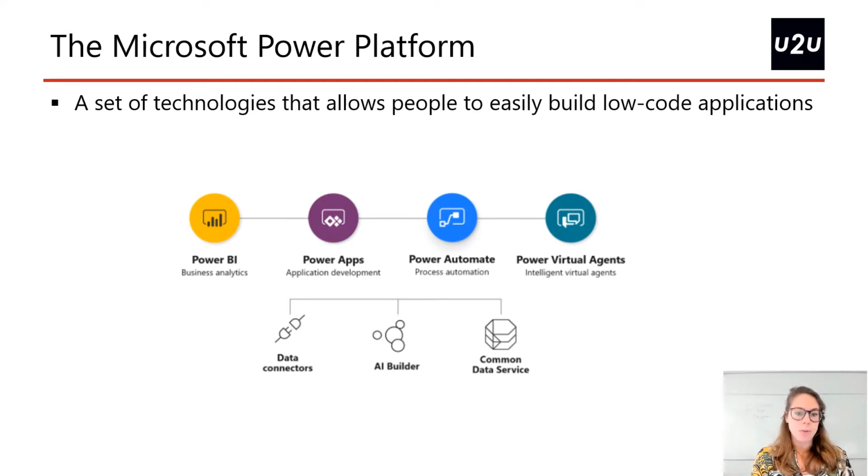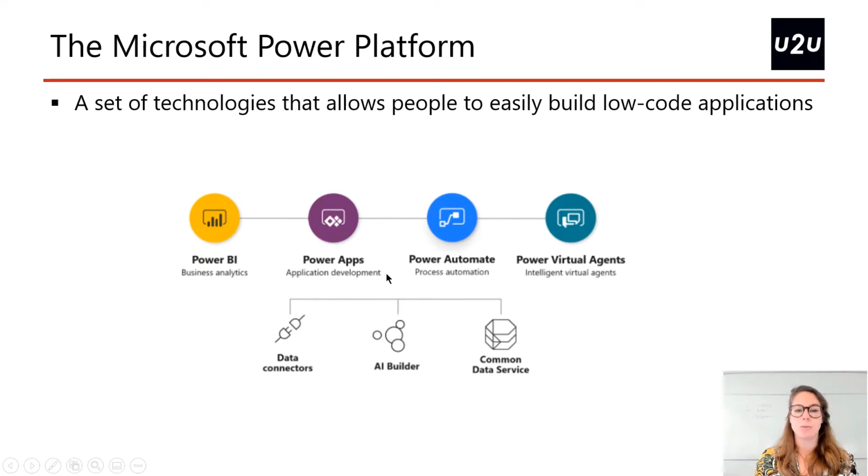So Power BI, Power Apps, and Power Automate are three products that are part of the broader Power Platform. The Power Platform is a set of technologies that allows people to easily build low-code applications. As you may know, Power BI is a tool to build reports on top of business data.